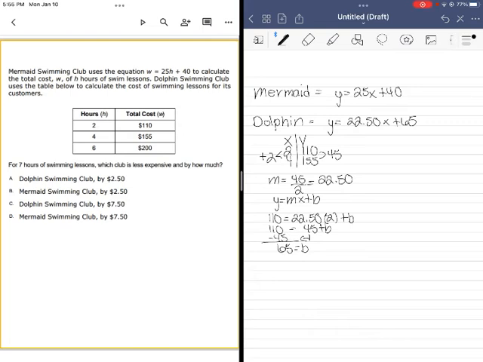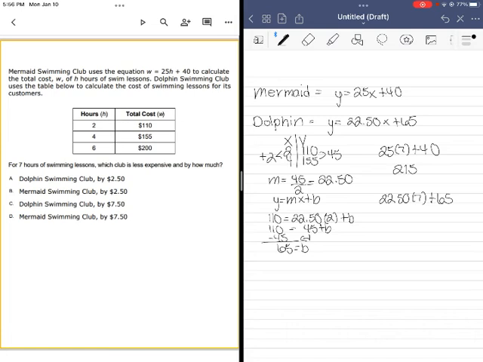So for Mermaid, we plug it in and have 25 times 7 plus 40. When we do 25 times 7 plus 40, we get 215. And then for the Dolphin, we have 22.50 times 7 plus 65.